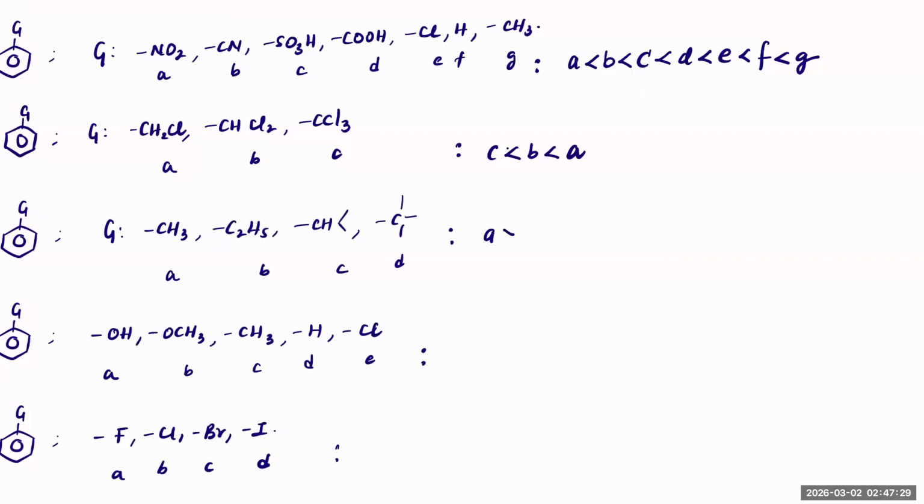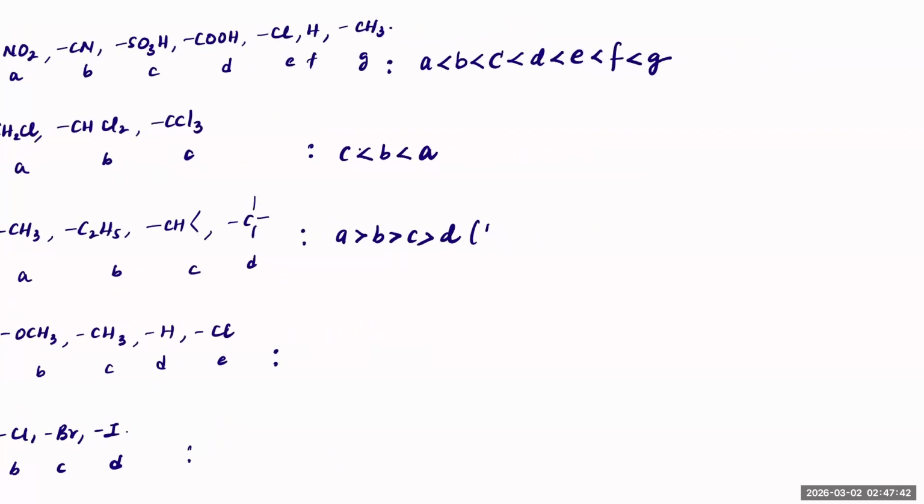Therefore, A will be more, then B, then C, then D. This is the order you must know, based on the number of alpha hydrogens on it.